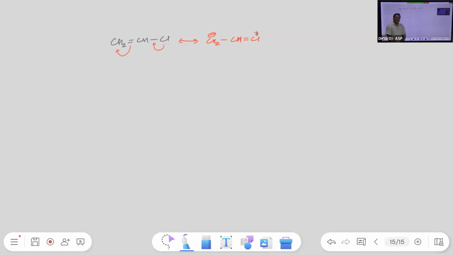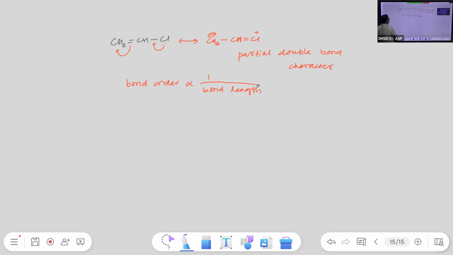So what is the bond order? It is neither a single bond nor a double bond, so it is known to have partial double bond character. Okay.